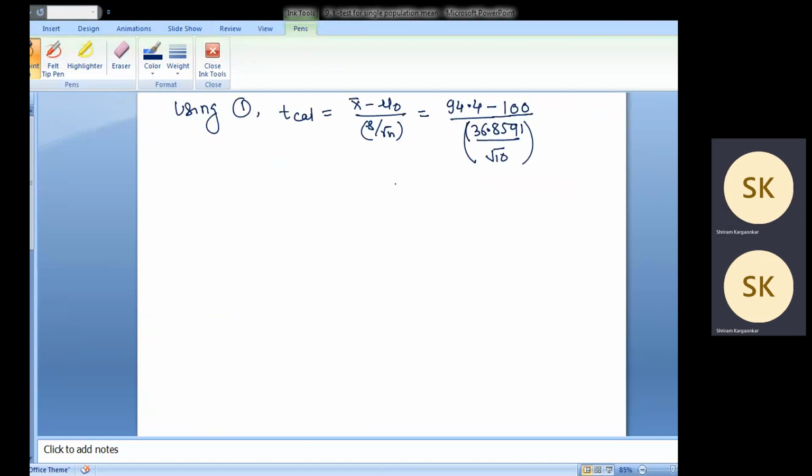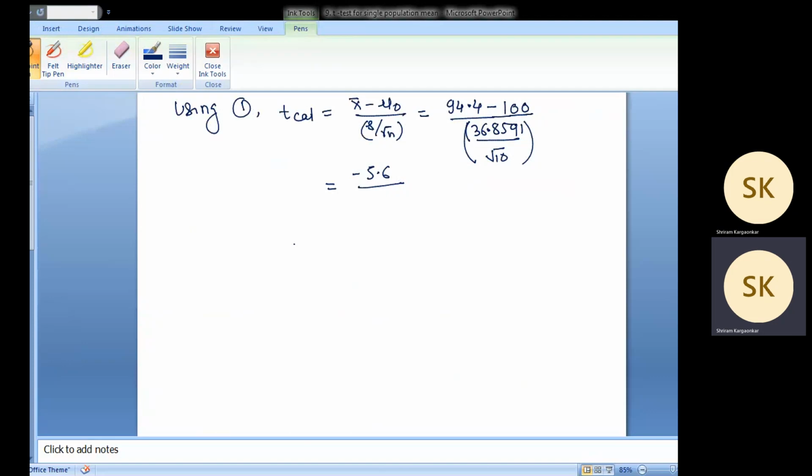So the numerator will be minus 5.6, and we will find the denominator, 36.8591 divided by root of 10.